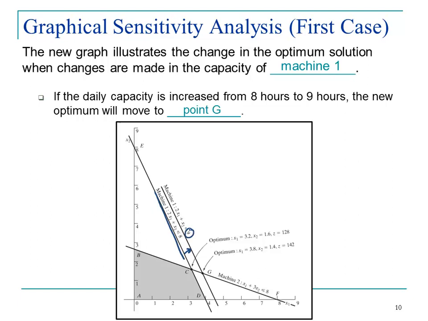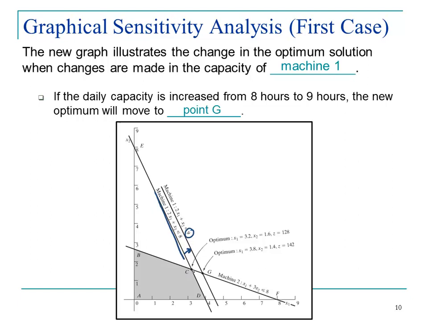By making that simple modification to the constraint, if you look at the graph, that constraint is going to be moved to the right, and the feasible region, is it the same or will it change? It's larger, right? Because if we don't have this constraint anymore, this extra space is going to be part of the feasible region.